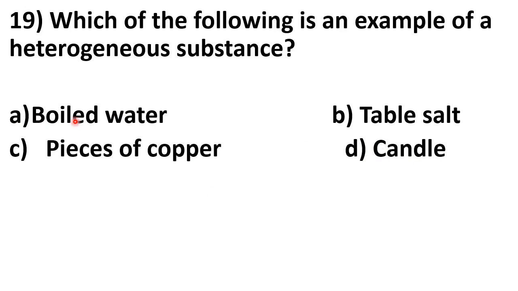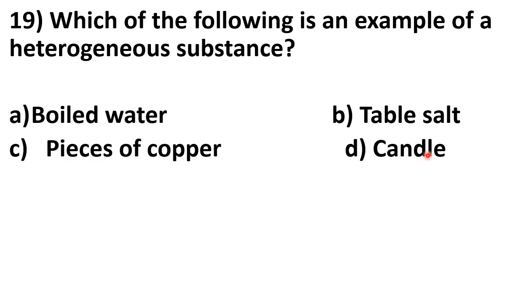If you take boiled water, it is an example of a homogeneous substance because throughout the water the composition remains the same, that is H2O. Table salt, that is NaCl, is also a homogeneous substance because salt consists of NaCl only throughout. Pieces of copper are also homogeneous because they contain only one type of atom, that is copper, throughout the matter.